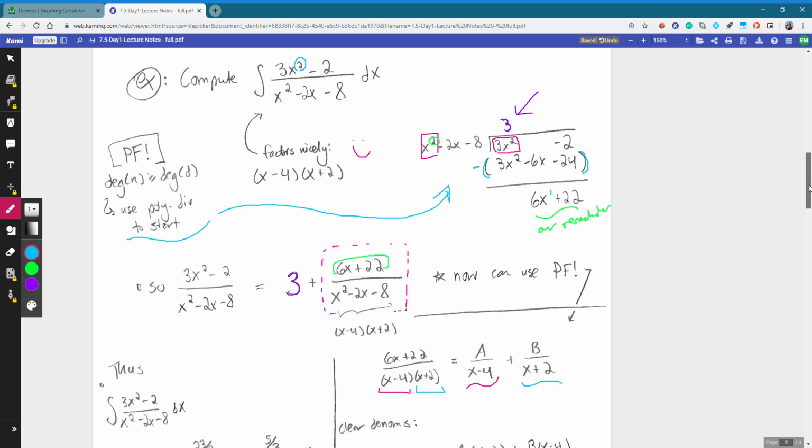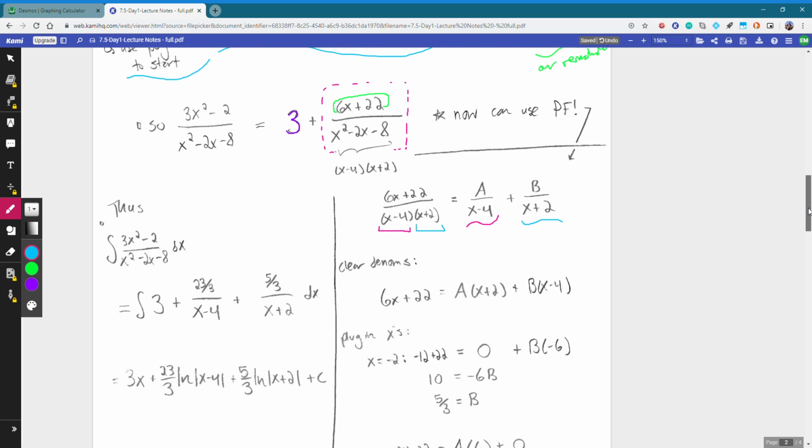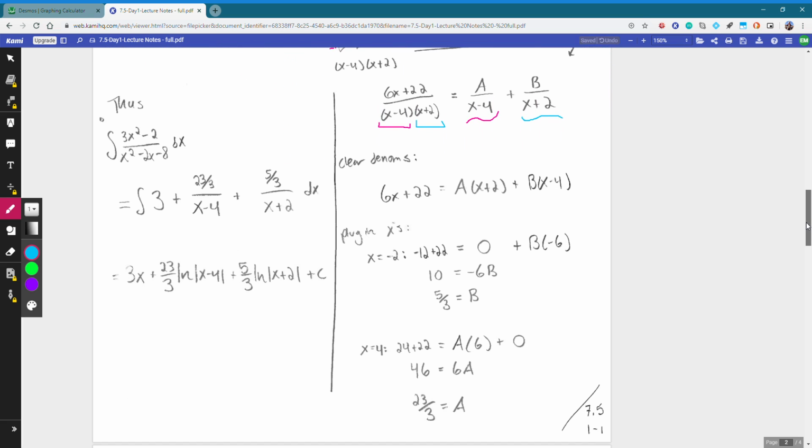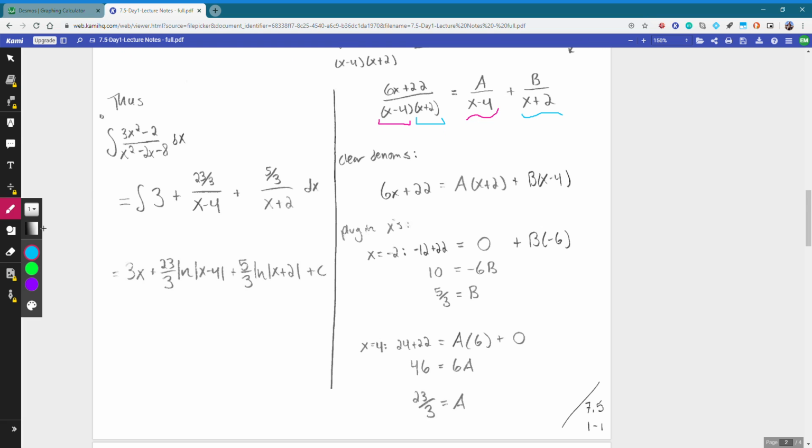All right, I'm going to slide down and we'll just look at the right-hand side of the page here, working through and finding these unknowns A and B. Same process as we've seen before. We just clear out the denominators by multiplying both sides by the denominator of our original function, x minus 4 times x plus 2.